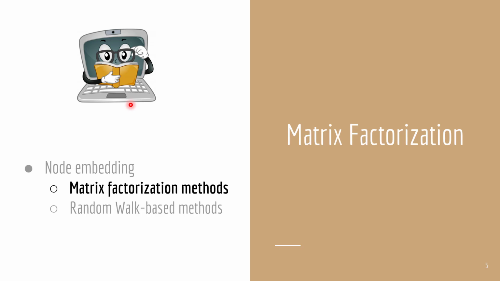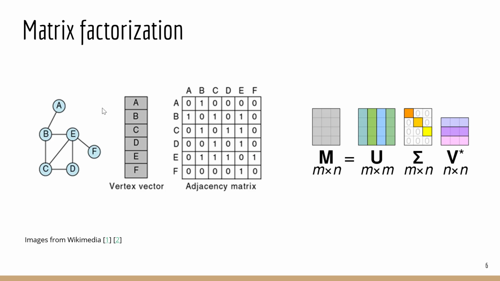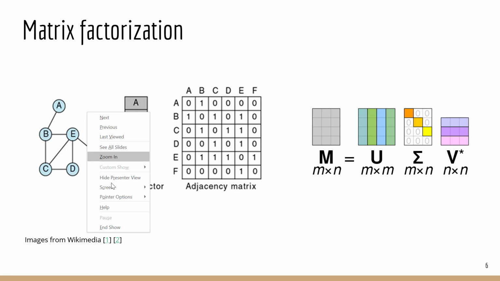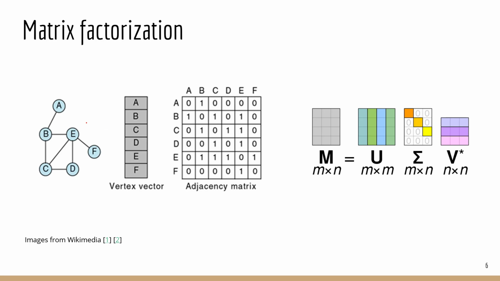Okay, let's start with matrix factorization techniques for embedding nodes. Let's see how this matrix factorization works using a very small graph. A toy example here, we have a graph with 6 nodes and a few edges in between them. First of all, what we do is to construct something called an adjacency matrix for this graph.